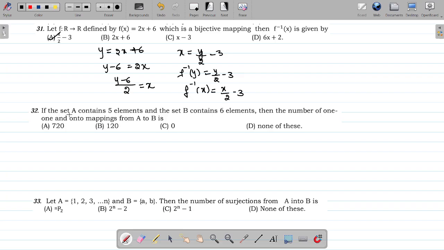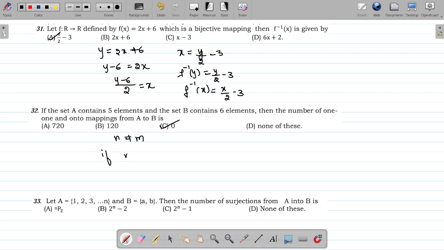Okay, next, if the set A contains 5 elements and the set B contains 6 elements, then the number of 1-1 and onto mappings from A to B. See here, you can observe that let n be the cardinality of A and m be the cardinality of B. n is not equal to m. Whenever n is not equal to m, then the number of 1-1 and onto functions is always 0.